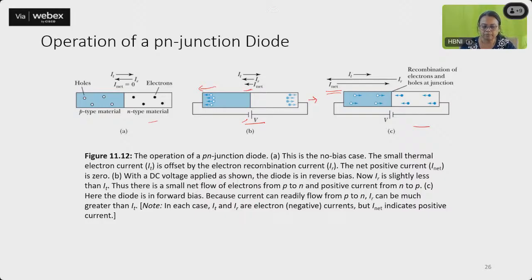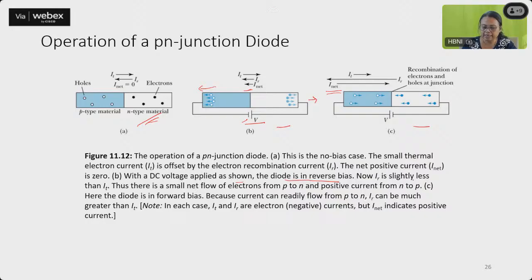So in the operation of a PN junction diode, first is the no bias case. There is no bias, so the small thermal electron current, IT, which is due only to temperature, is offset by the electron recombination current. So the net current is 0. With a DC voltage applied as shown, the diode is now reverse biased.